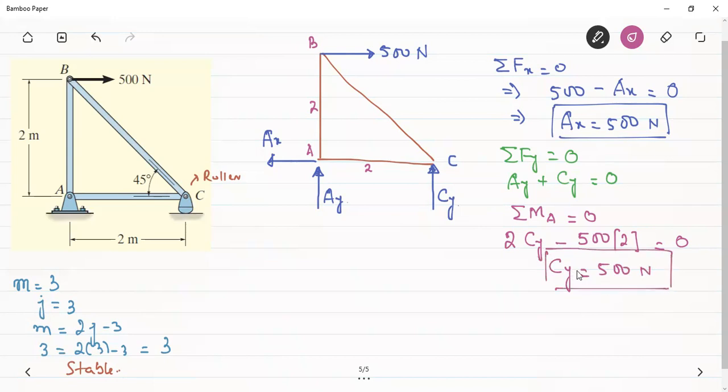And since the Cy came out to be positive, therefore our assumed direction is correct.